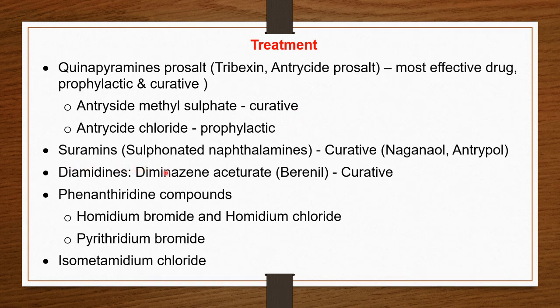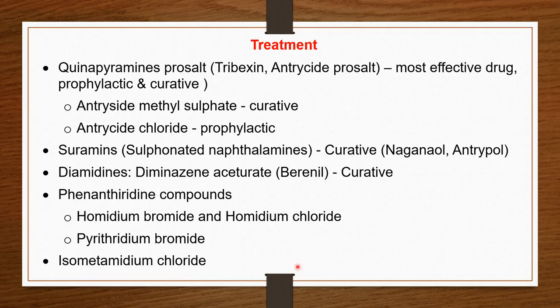Suramin, sulfonated naphthylamines, is a curative, such as Naganol and Tripod. Diamidines, diminazene aceturate and Berenil, are also curative. Phenanthridine compounds such as homidium bromide and homidium chloride, pyrithidium bromide, and isometamidium chloride.